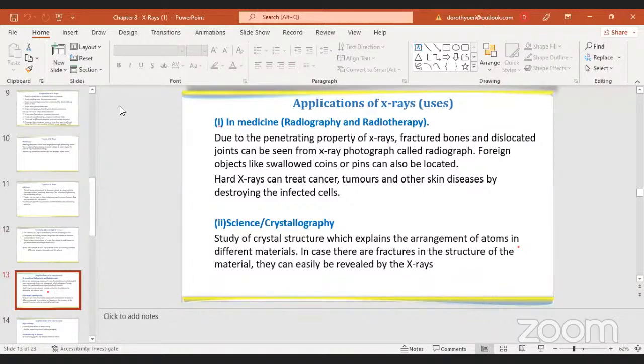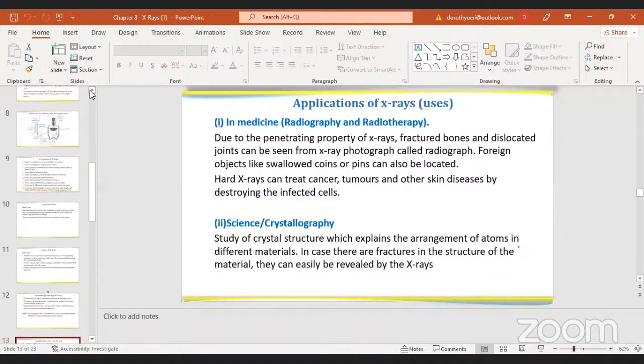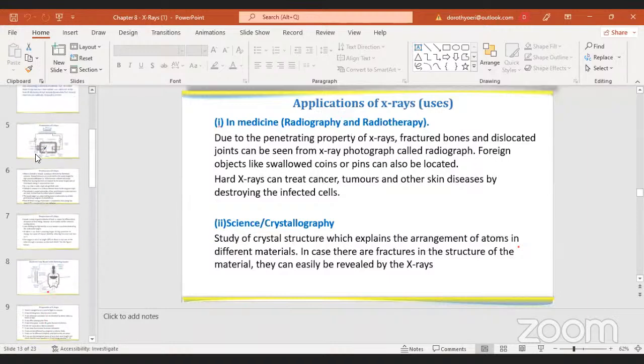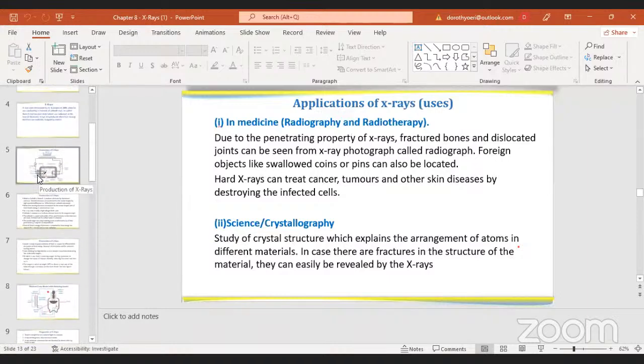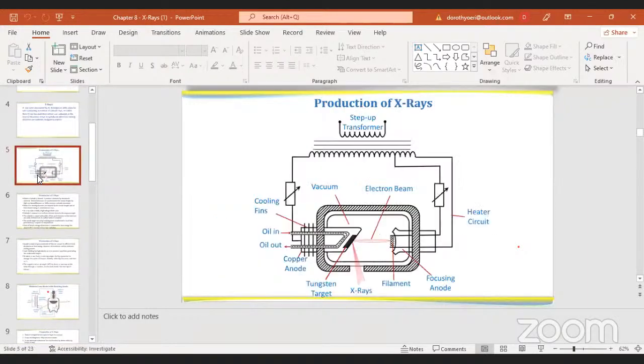Now, let me take you back before I look at the applications. Somebody has asked about the production. I'm taking you back to the diagram. I said during the production of X-rays, electrons are produced at the cathode.